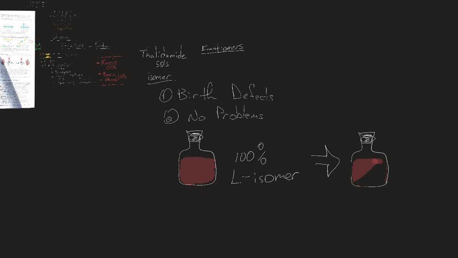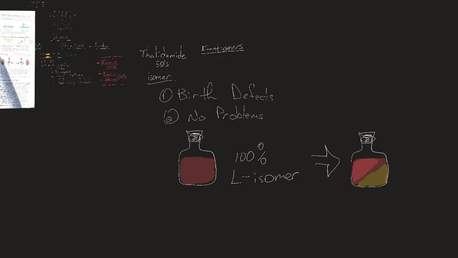It was a sad truth that you'd end up with 50% of the stuff that doesn't cause a problem, and then 50% of the stuff that does, and there's nothing you can do about it.